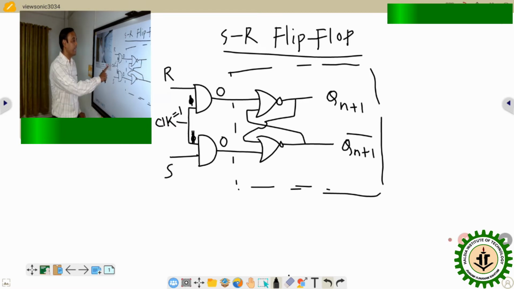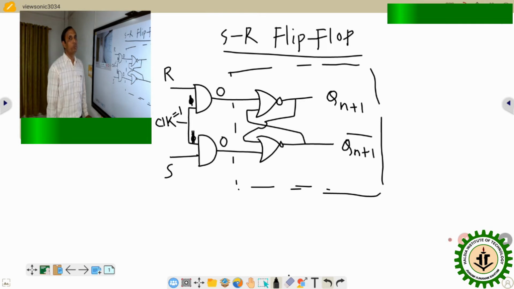That means whenever we provide the proper clock pulse, then only according to the inputs R and S does that particular circuit work. This is the interesting thing of the flip-flop. That's why a flip-flop provides us the output in a synchronous way, but a latch provides us the output in an asynchronous way. Whenever we provide the input, it changes the output.